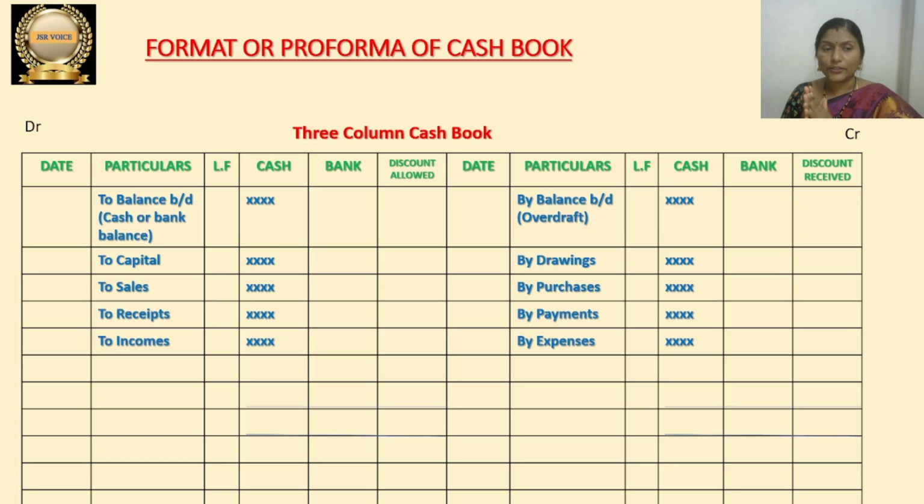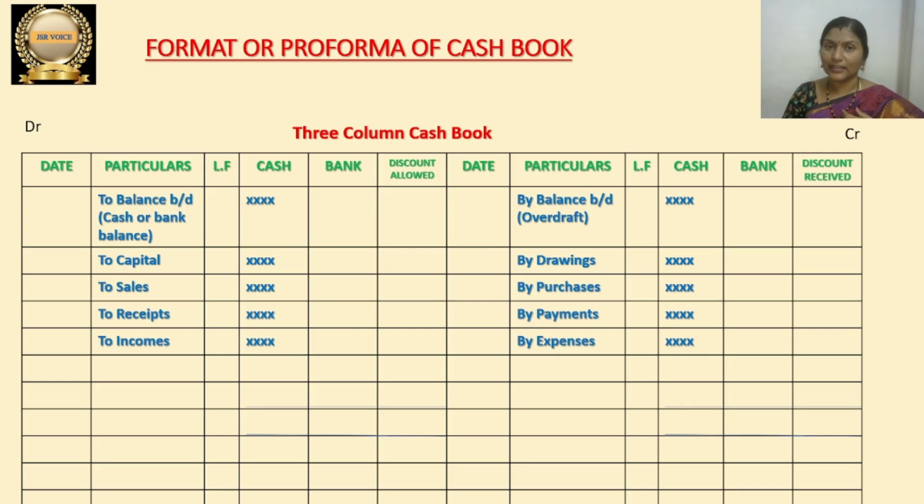You can see on the debit side, To balance brought down. We are bringing that cash from the previous month. If any cash or any bank balance is there in the hands of the business at the beginning of the month, that should always be recorded on the debit side. How do they give it in the question? The opening date will be given, the first date, cash balance, cash in hand, cash at bank.